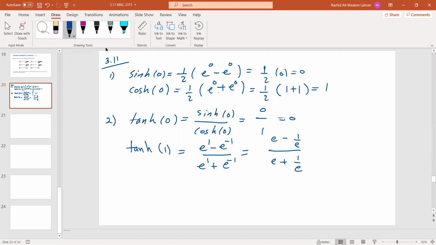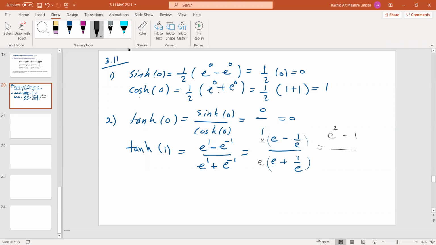Now we can find the common denominator to combine them into a single fraction, or multiply up and down by e to simplify. These are some of the skills that everyone needs to know.